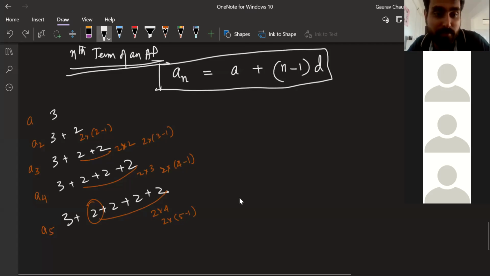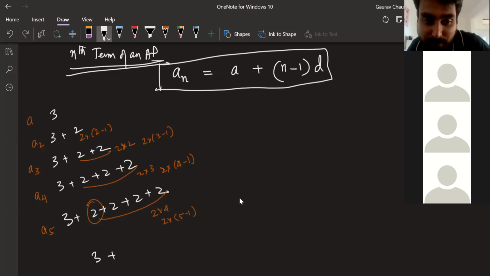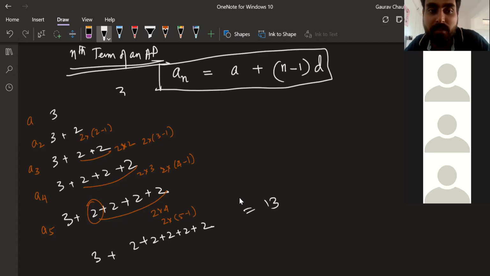Yeah, I'll give you just one more step. So I have the next one as 3 plus 2 plus 2 plus 2 plus 2 plus 2. Okay, then I'll get 3 plus 2 plus 2, 13 I'll get, right? This is 3, this is 5, this is 7, this is 9, this is 11, this is 13. Okay, now in this one, what am I doing actually?